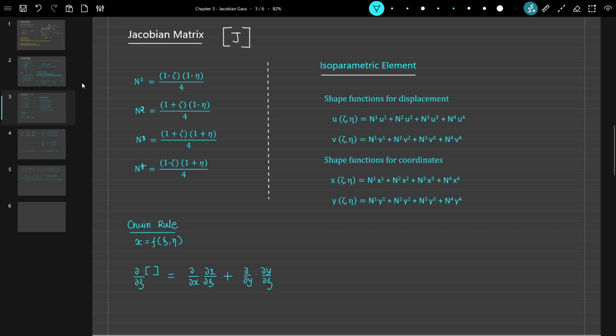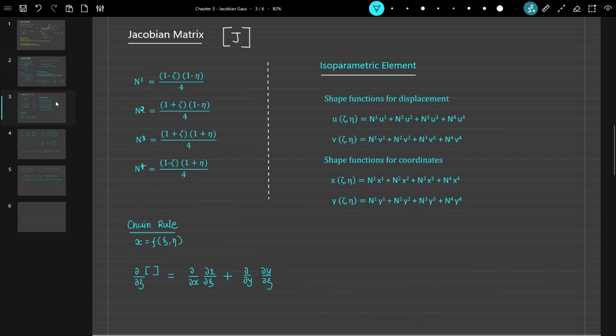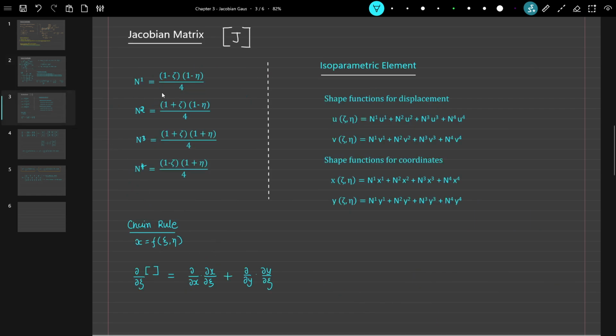Let's try to understand. So now we have the element in zeta eta space. So we can write shape functions in zeta eta space. Our shape functions are n1, n2, n3, n4. These are the same shape functions that we discussed in the previous lecture, but those were in xy space. Okay, since the element, we know, is in zeta eta, something like this, we can use the same shape functions. We have just replaced xy with zeta eta.